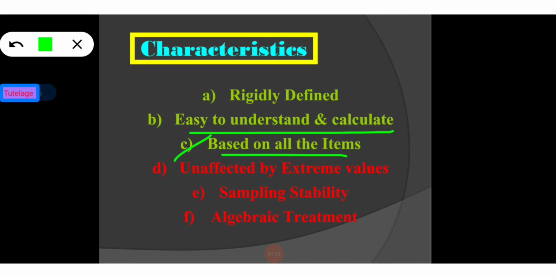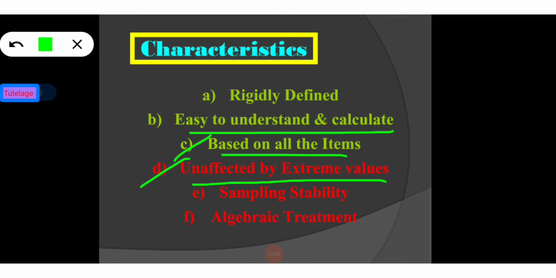Now the fourth one: it is unaffected by extreme values. Since it is based on all observations of the data, it should not be unduly affected by the presence of extreme values.